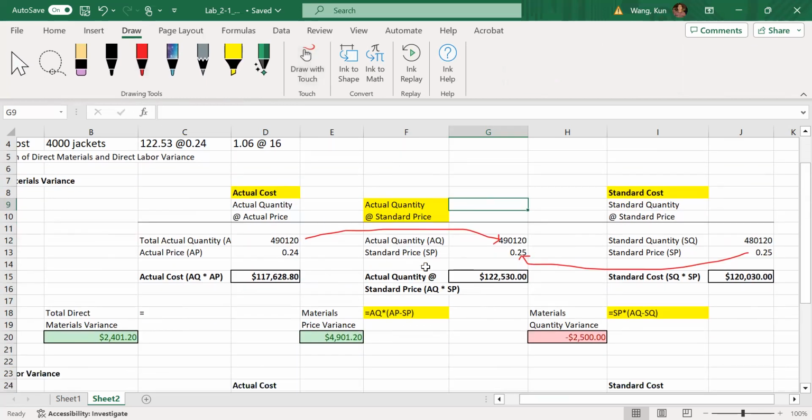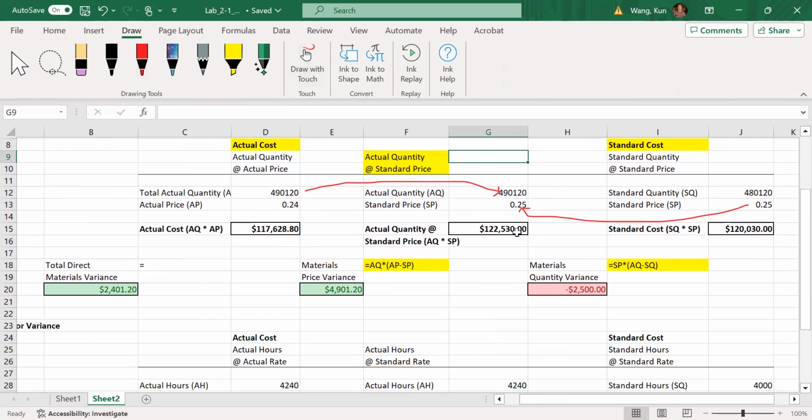Now let's move down. After you got all of the 3 numbers, then you can calculate the 3 variances. First, the total material variance, as I mentioned, should be the difference between your total actual cost and the total standard cost.